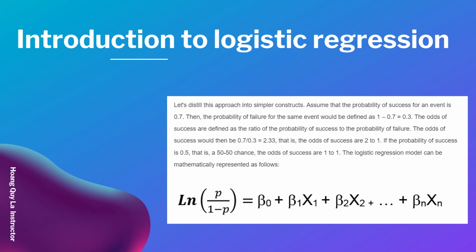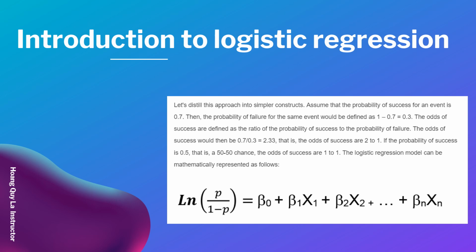So the odds of success would be 0.7 divided by 0.3, which is about 2.33. That is, the odds of success are about 2 to 1. If the probability of success is 0.5, that is a 50-50 chance, the odds of success are 1 to 1.